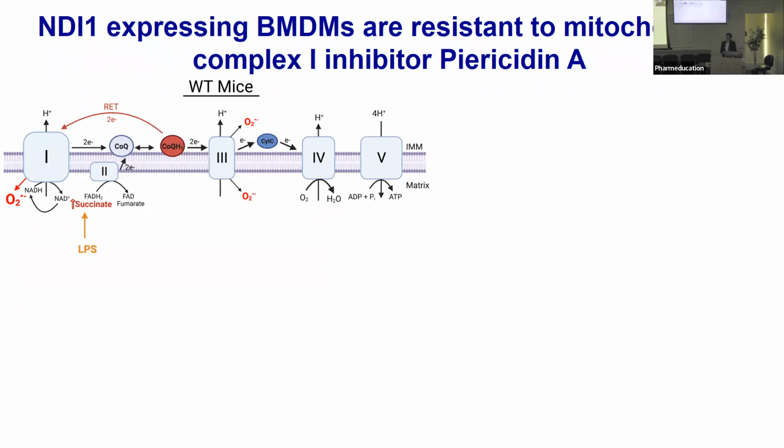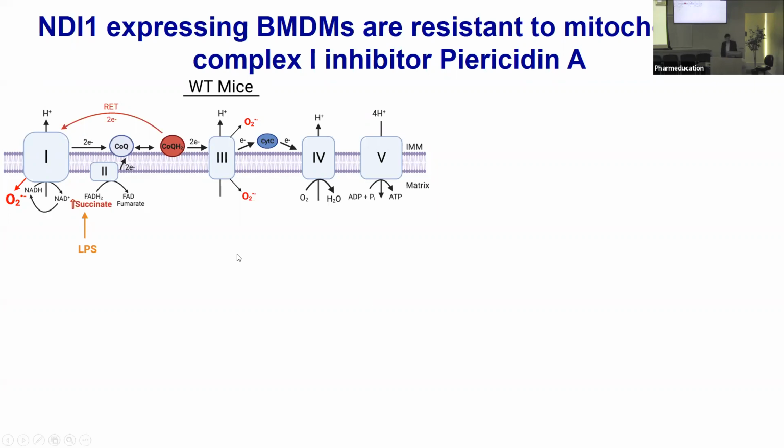One of the things we thought about doing was, instead of specifically using the knockouts, which might rewire the cells forever from the beginning if you lose complex 1, using a pharmacologic and genetic combination. What do I mean by that?